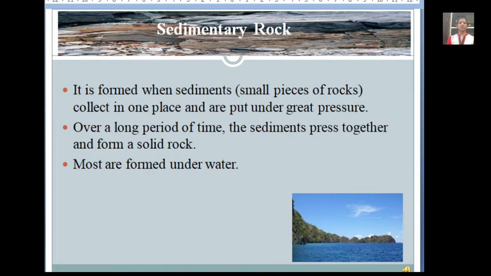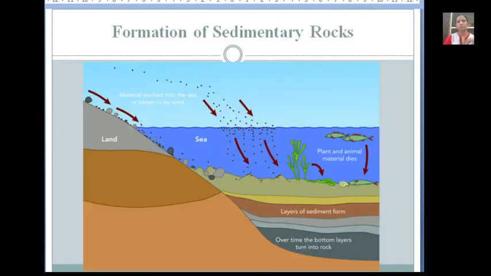On the classification, this is the formation of sedimentary rocks. We can see how the eroded material from the land is deposited in the oceans due to the pressure of air and water, and over time the bottom layer becomes hard and becomes solid, and it is called sedimentary rocks.